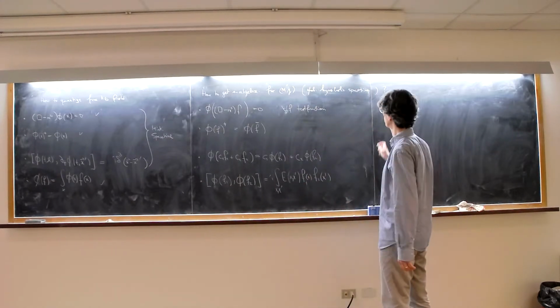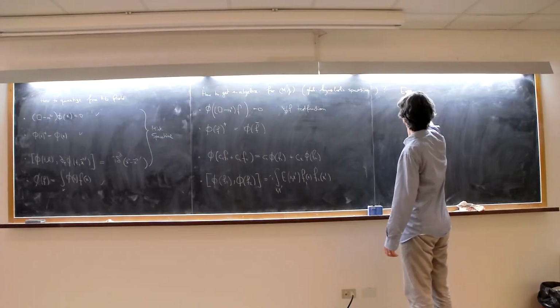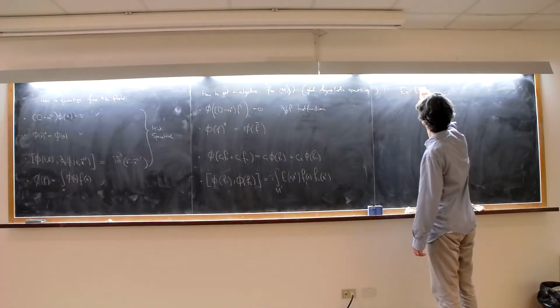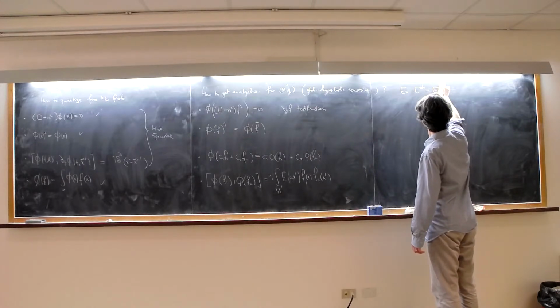And I have to tell you what E is. E is the advanced Green's function minus the retarded Green's function.